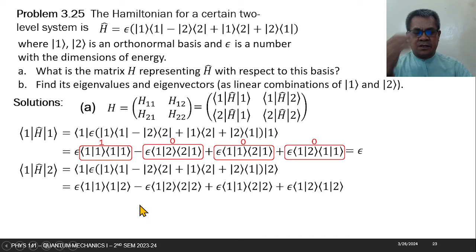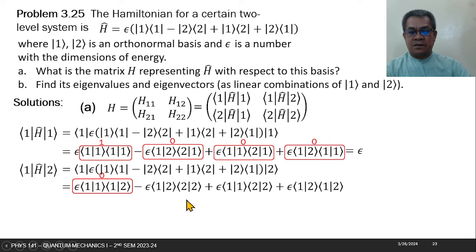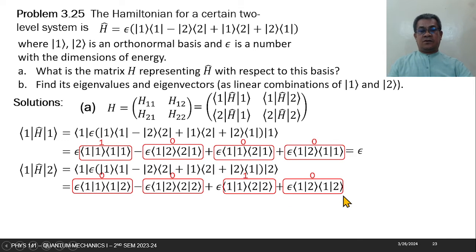So this will be the result, similar to the first element. Again, if we evaluate the inner product, this term is 0, and this term is also 0 because of the different state. This one, 1,1, 2,2, is just equal to 1, which means this term is equal to epsilon, while this one is 0. So the result of the element 1,2 of the Hamiltonian is also equal to epsilon.